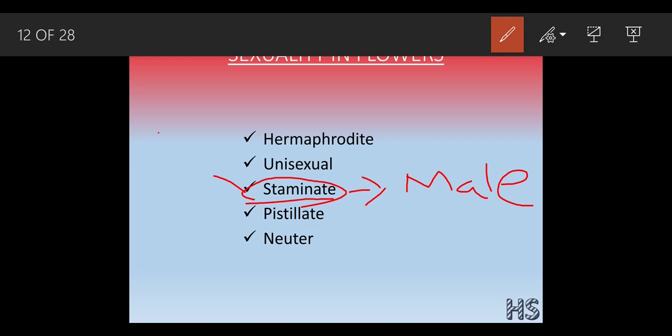I already said there is a thread-like structure with a perfect bilobed tip, like this. If this structure is present inside a flower, it would be considered as staminate.